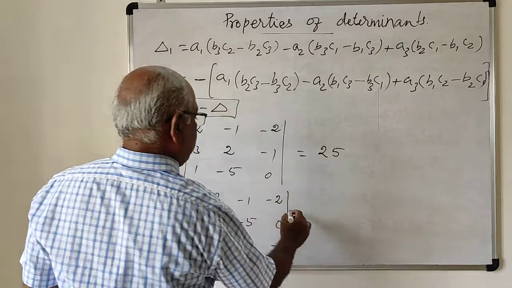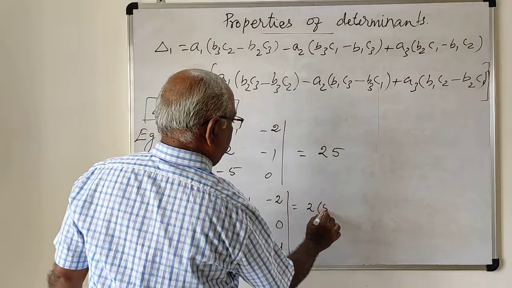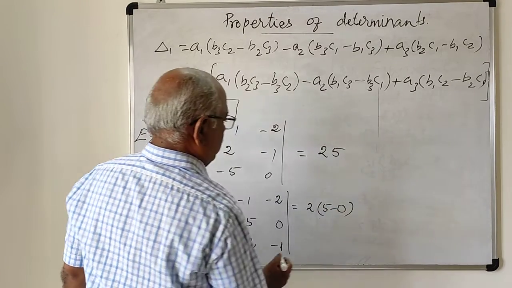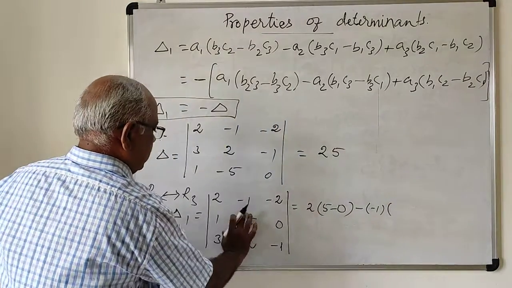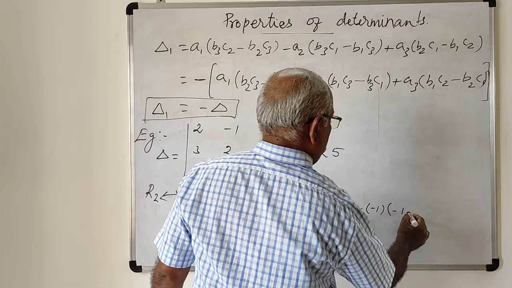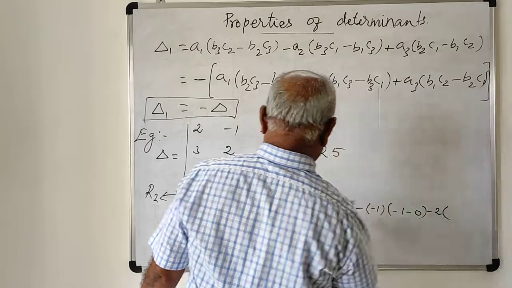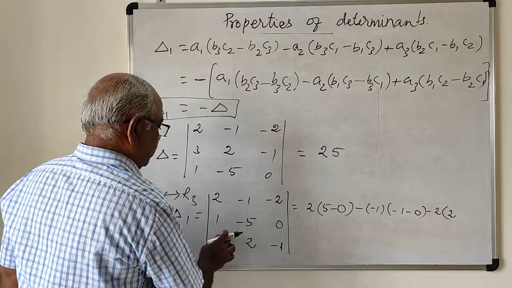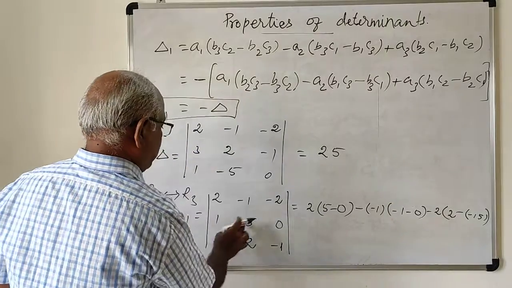Now you expand using this: 2 into minus 1 into minus 1 plus 3 into 0 minus 0, and minus 2 into 1 into 2 minus 15.